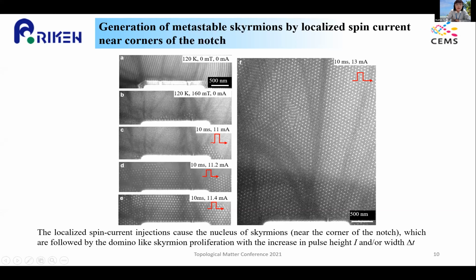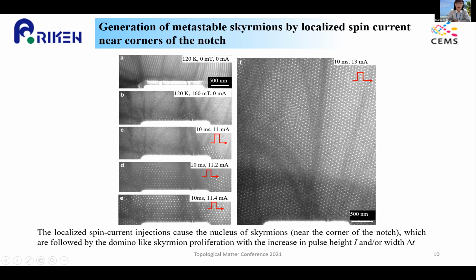And interestingly, when we inject the pulse current, you can clearly see the skyrmion form at the corner of this notch. And this sequential Lorentz TEM observation demonstrates the skyrmion formation around the corner of the notch with electron current pulse injections.